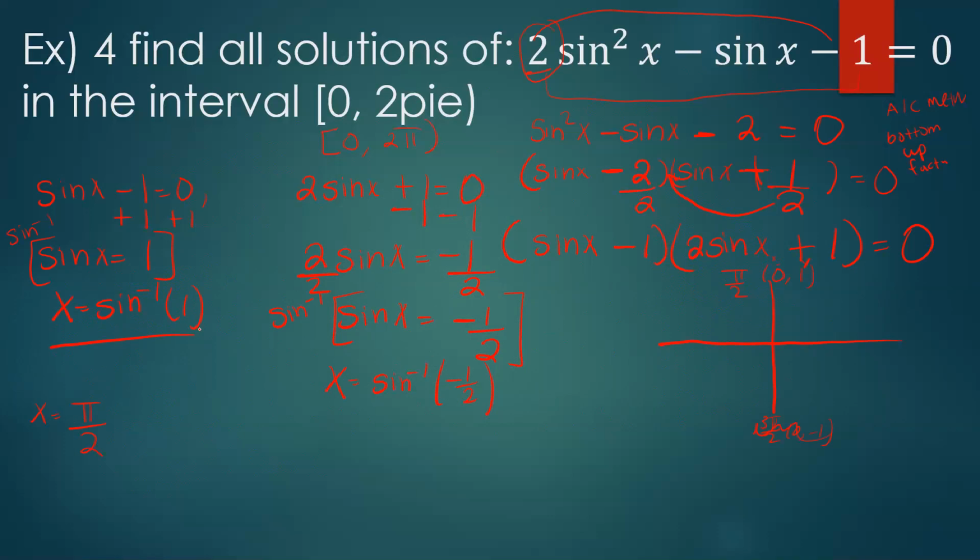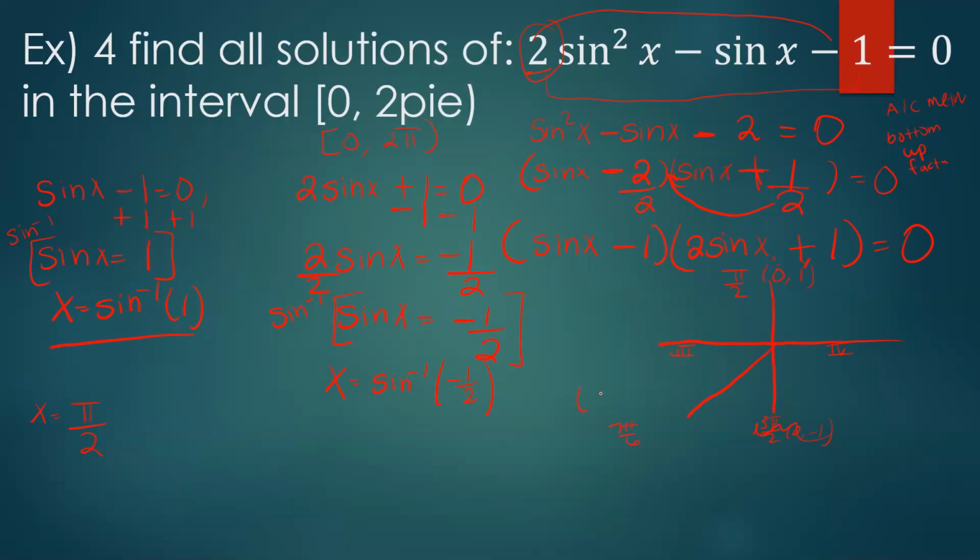Okay, so now the next one. I'm talking about x equals sine inverse of negative 1/2. So what this is saying is, what degree in radians is going to give you a sine of negative 1/2? So where is sine negative? In quadrant 3 and in quadrant 4, right? So in quadrant 3, I think we'll use exactly 7 pi over 6, right?